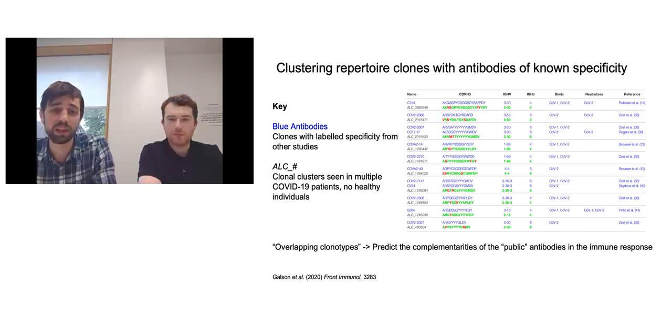So these are really helpful, and by mapping the sequences of genetics and clustering, we can start to learn about what's going on in the repertoire, where the locus of the response is, and what the specificities of the antibodies in the response are.